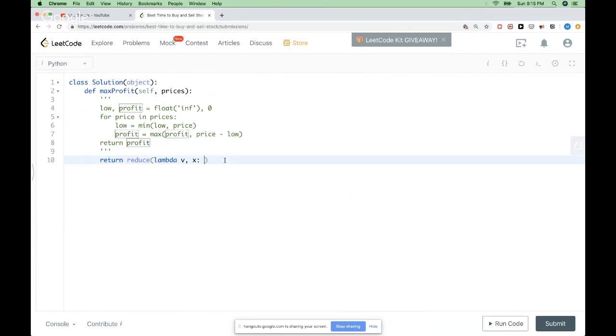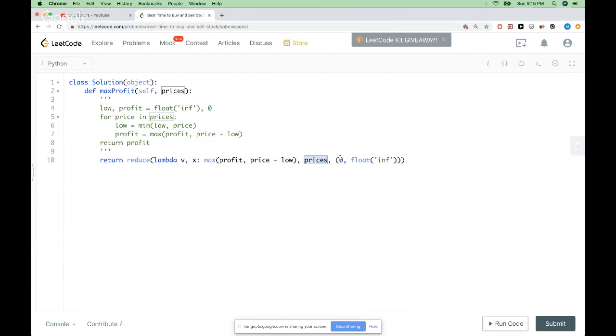I'll replace the value for profit later. But we need to do this on the array list prices. And here reduce needs to be passed the initial value. The initial value in our case is the min, the lowest value, and the profit, right? So that would be 0 for the profit, and low, which is float inf. This is the initial value.